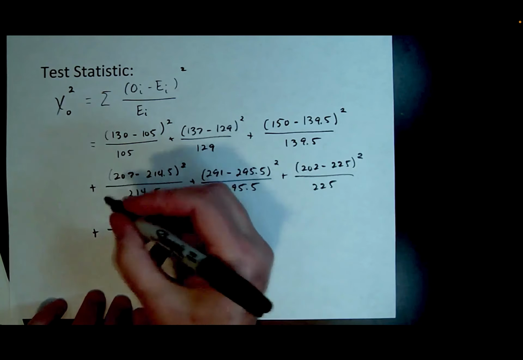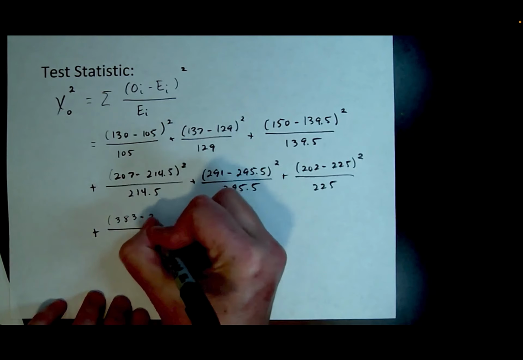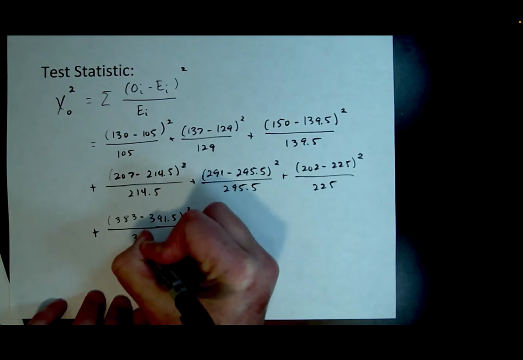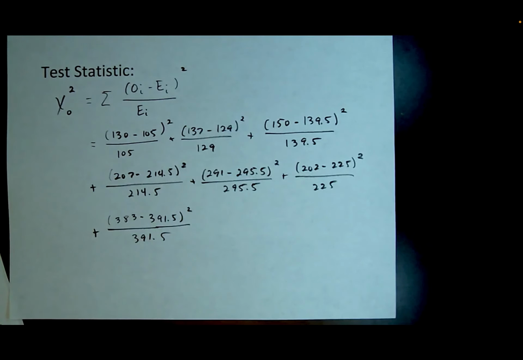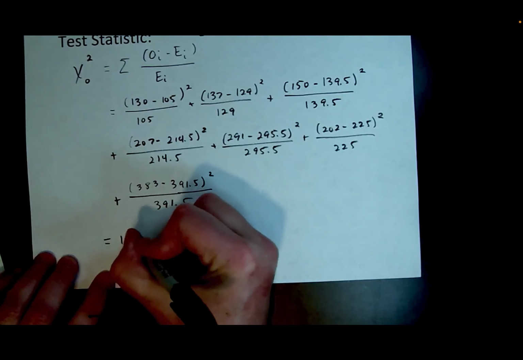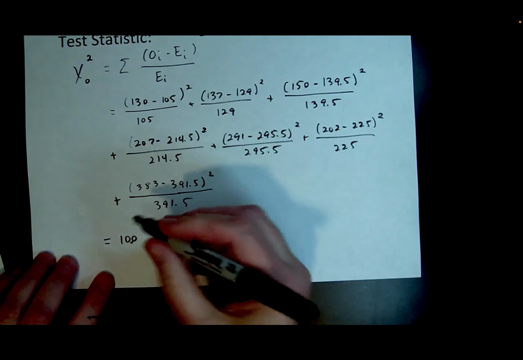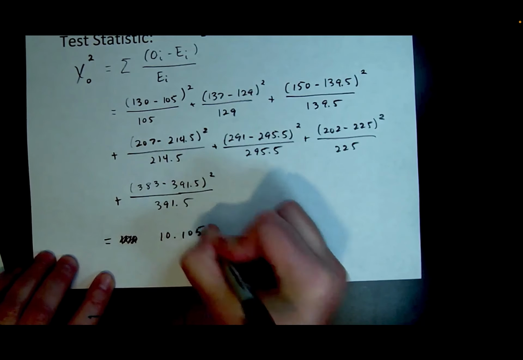The seventh one is 383 minus 391.5, difference is squared, and divide by the expected value. Okay, you crunch all that and you get test statistic 10.105.